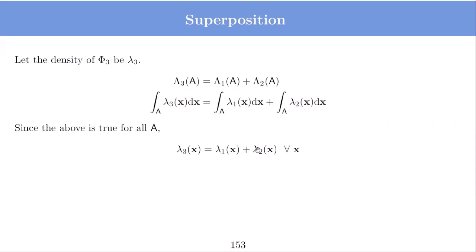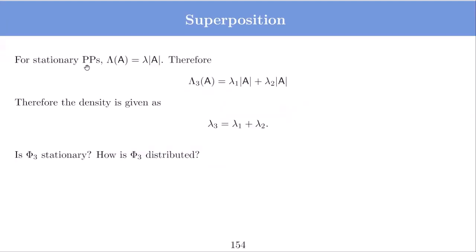Note that to say this, you need to show that this is true for every set A, which is the case. If the integrals are equal for only some sets A, then it does not mean the inside terms will also be equal. So this means if you do superposition, the density will add up.